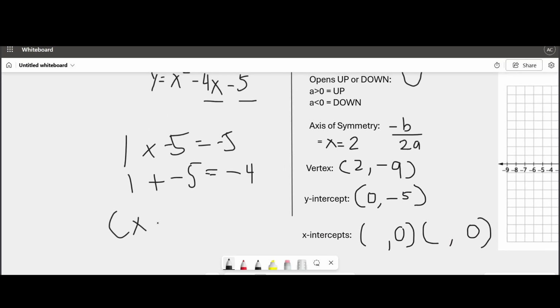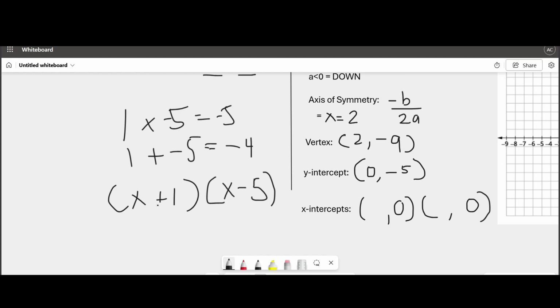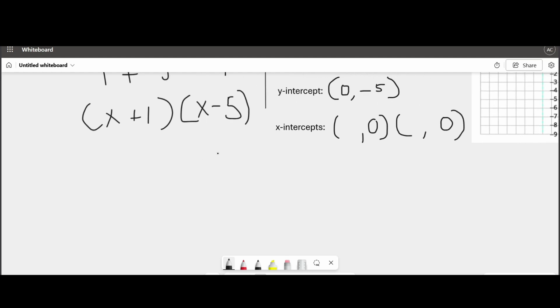So our answer would be x plus 1 times x minus 5. Why is that? Because if you add, as you have already seen here, if you add 1 to -5, you get -4. If you multiply 1 to -5, you get -5. Okay? That's going to be our answer.